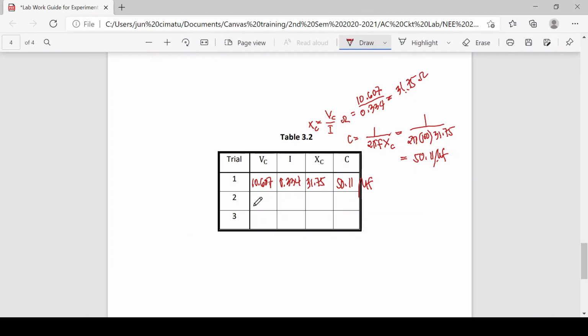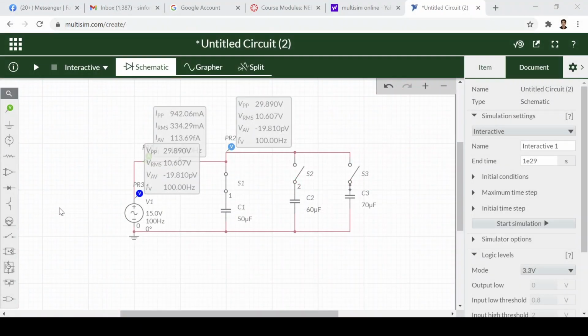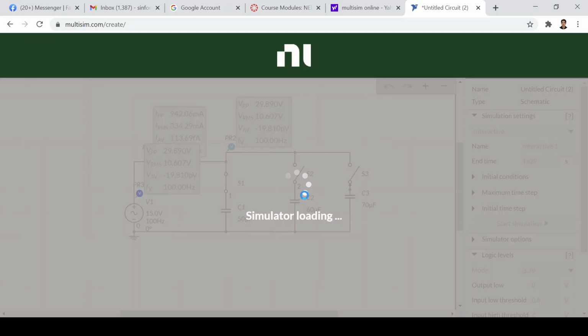And then for trial 2 and trial 3, we shall simply increase the number of capacitors connected in the circuit, and that is by closing the switch.